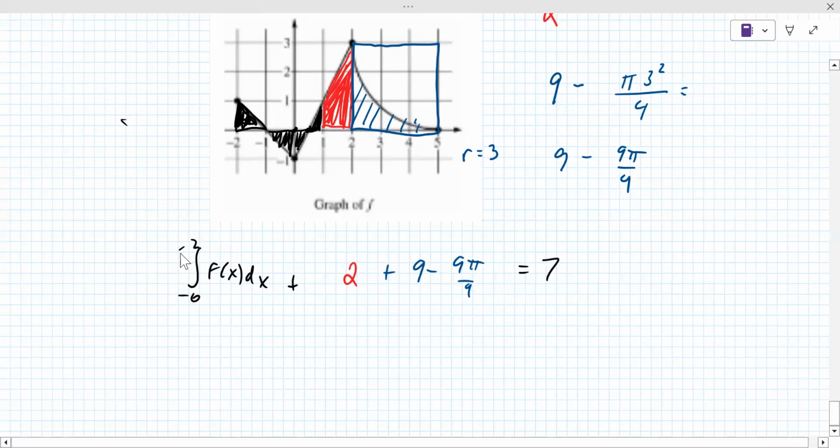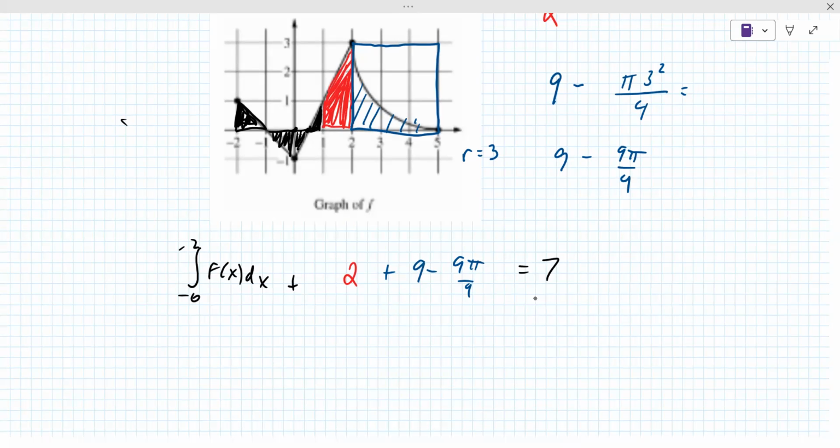So treat this like a variable on the left. You're just going to move some stuff around. This is 11. Subtract 11 from both sides. It's -4. Move the 9 pi over 4 over. So it ends up being 9 pi over 4 minus 4 is your integral from -6 to -3.